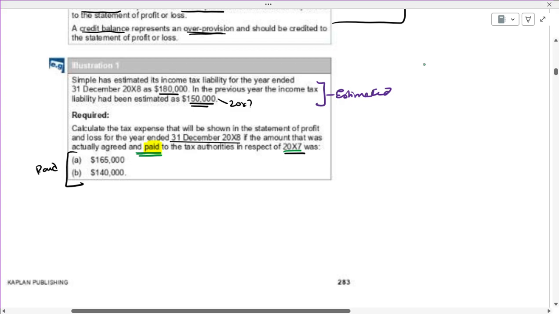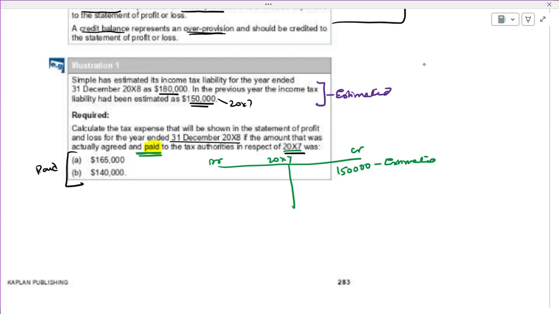I will write here only, but I will not take the next step. 2007, estimated how much? 150. This is the estimated amount, a liability payable. Payable how much? 150.